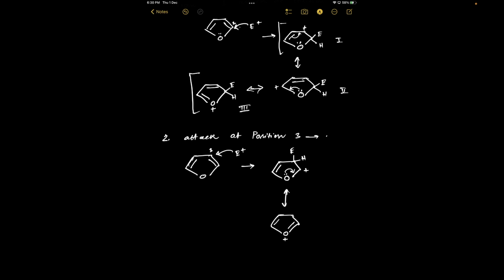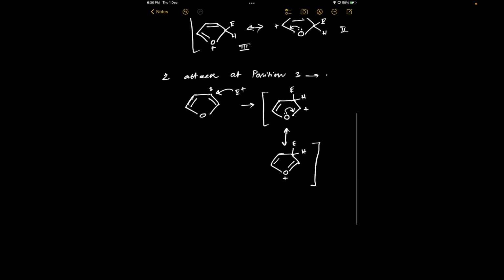Plus then here, then E, then H. So these 2 resonance structures are possible to accommodate the positive charge if the electrophile attacks on position 3.